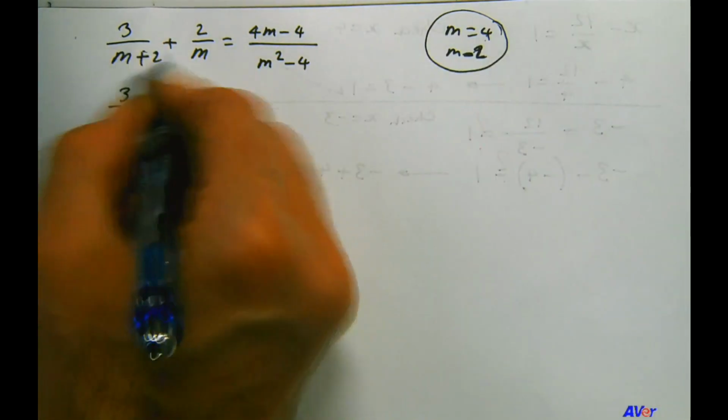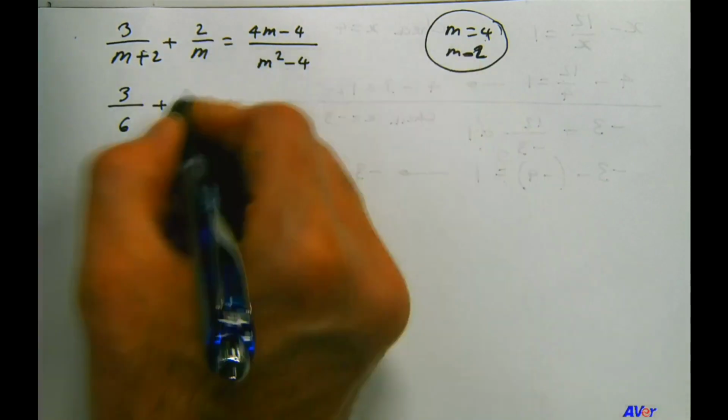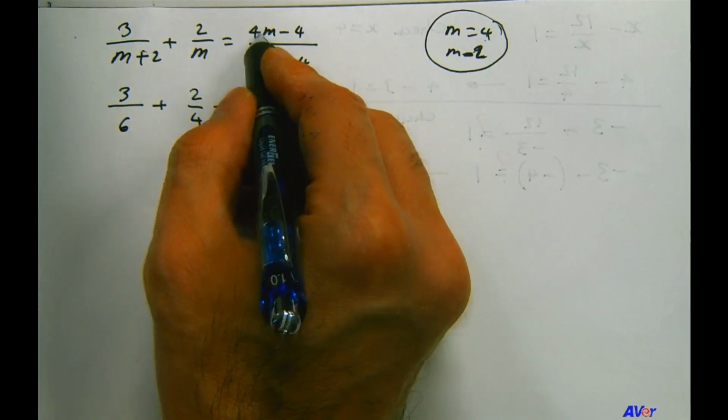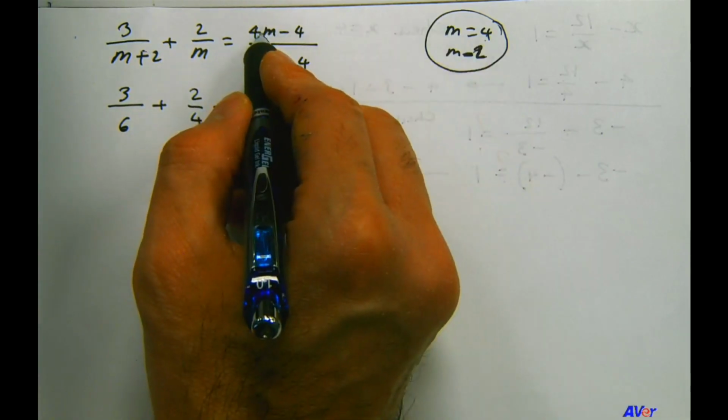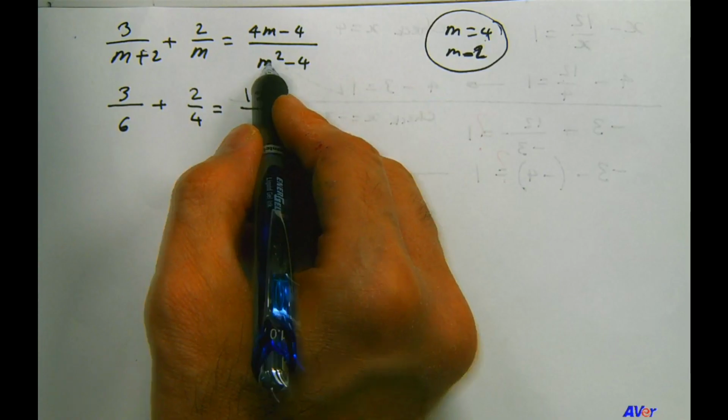3 over 4 plus 2, 6, plus 2 over 4 equals 4m. 4 times 4 is 16. 16 minus 4, 12. Divided by 4 squared is 16 minus 4, 12.